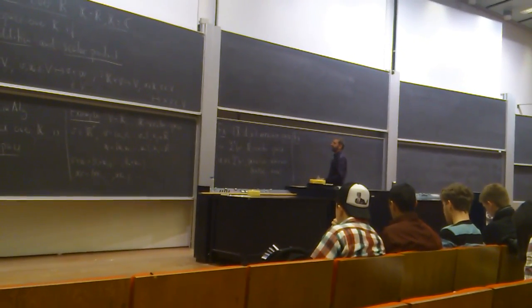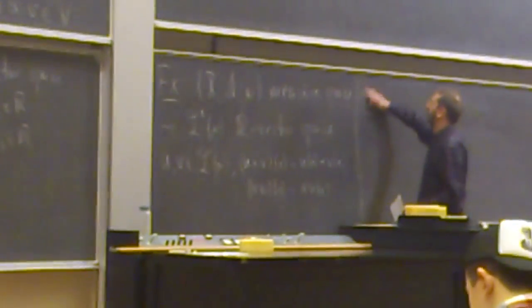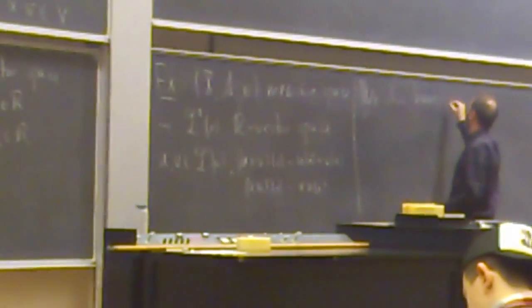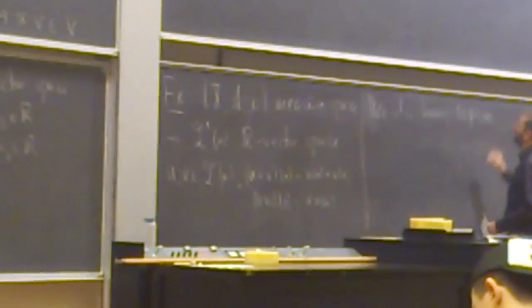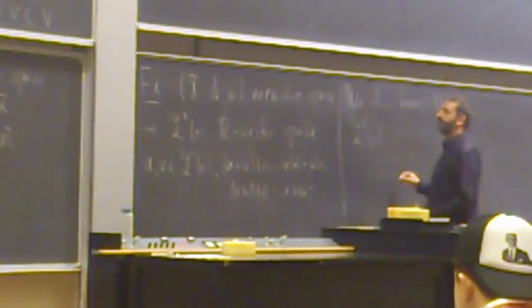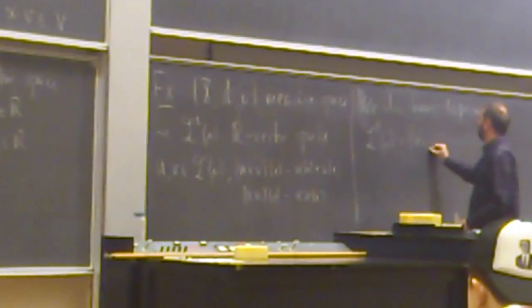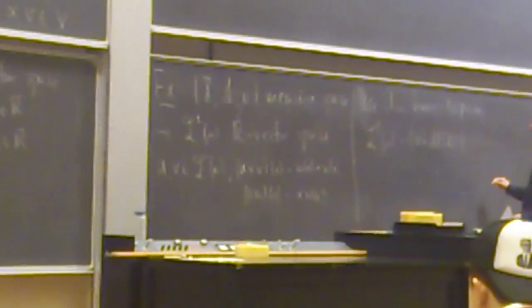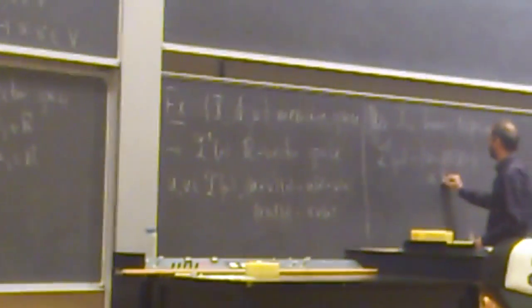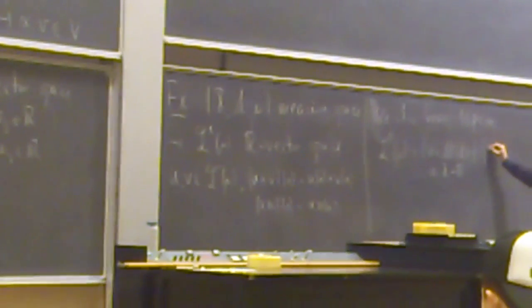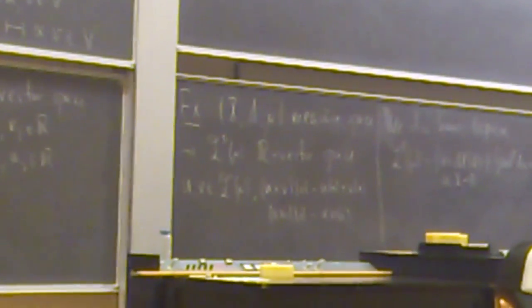Then we also have, for every p between 1 and infinity, the space curly LP of mu, and this consists of all functions u which are measurable, and I underline what the sigma algebra is, and u goes from X to the real numbers, such that the integral of the absolute value of u to the power of p is finite.